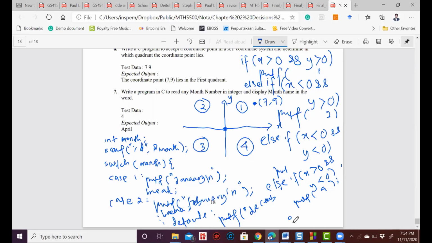Else, now else here you print origin. So if all of these are not correct, false, then automatically we go to the origin.